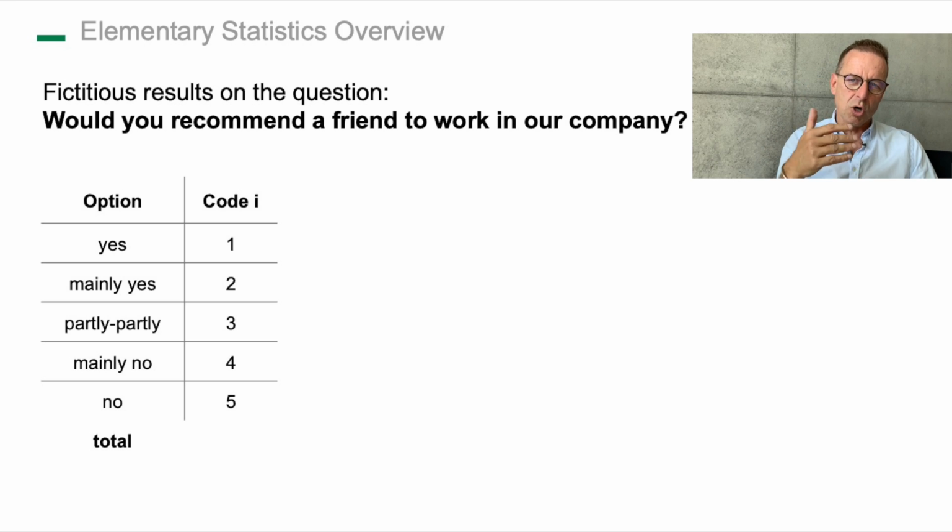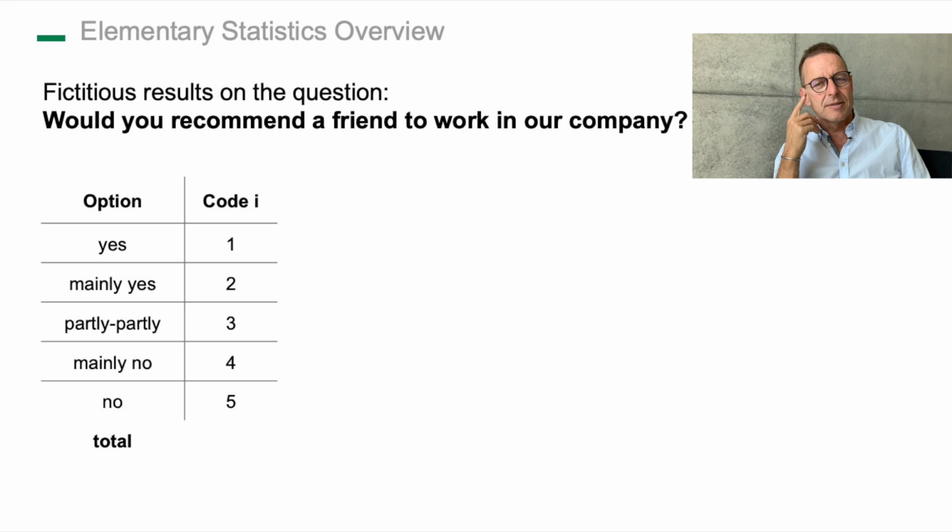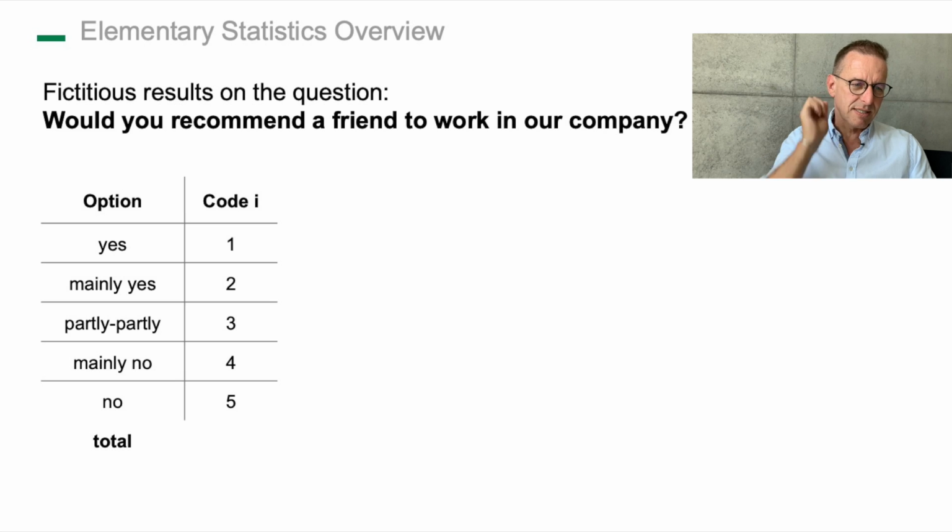This is what we also name coding. So let's say, it's arbitrary, yes is a 1, and mainly yes is a 2, and partly is a 3, and so on, until no is a 5. So that we can work with numbers and not with words. That's the basis for doing statistics.